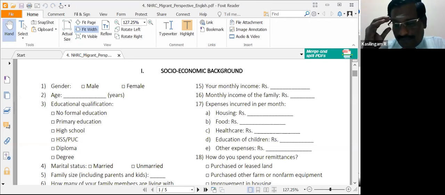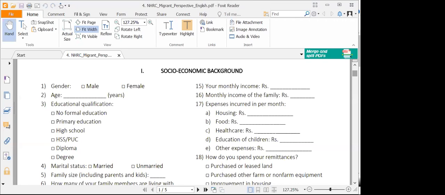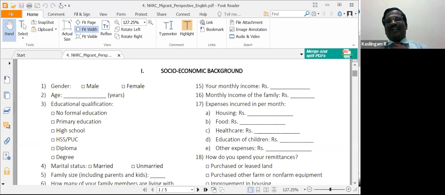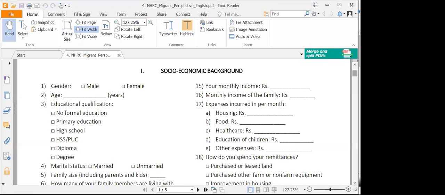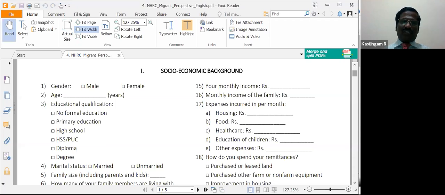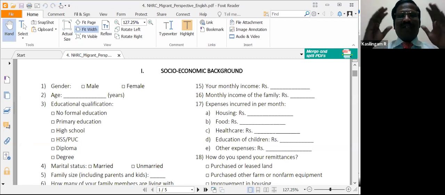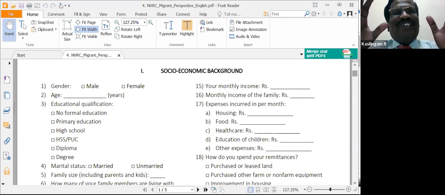Okay, Anupama ma'am. Good evening, sir. Can you explain the ratio scale once again? Sir, there is a little doubt between interval and ratio scale. In a ratio scale, there is a zero meaning. See, yesterday I spent a lot of time on that, madam.